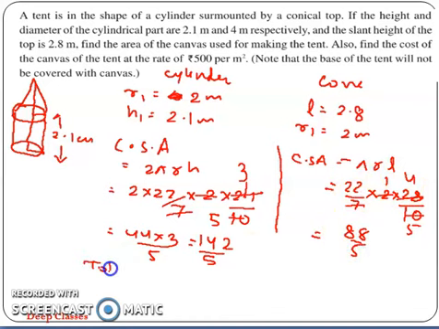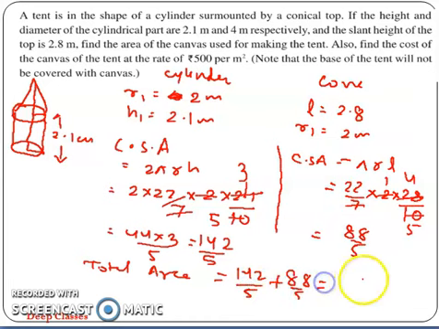So total area is equal to, we need to add it, 142 plus 88 upon 5.